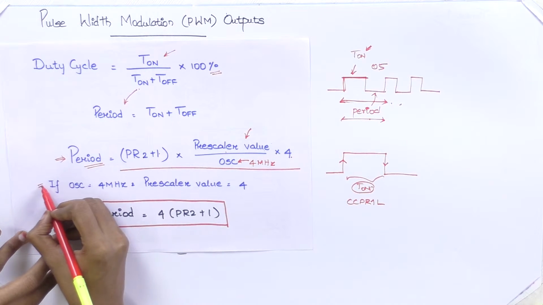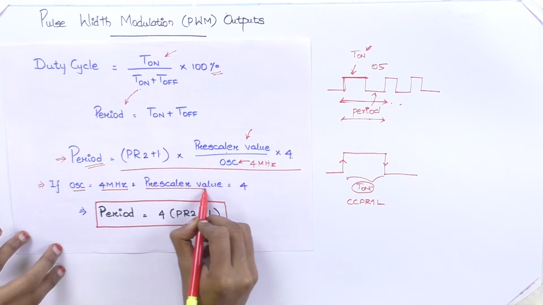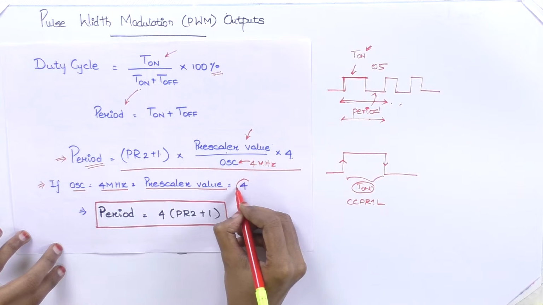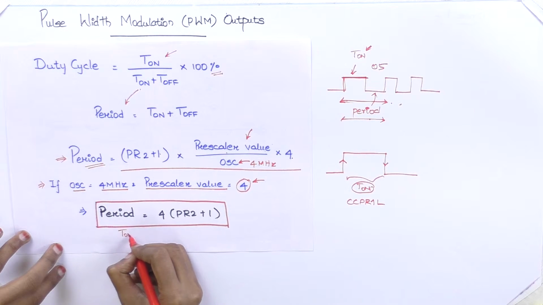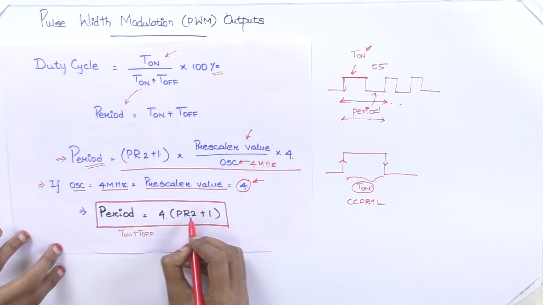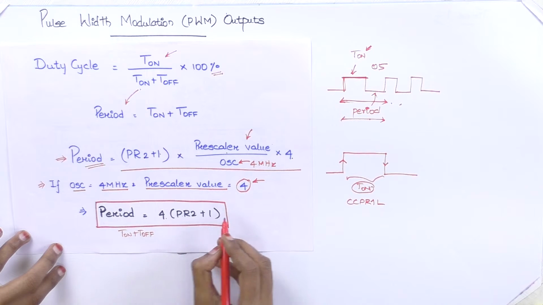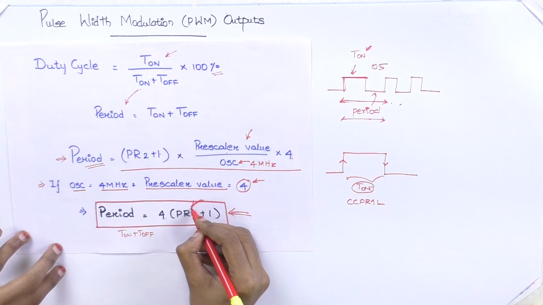For example, if the oscillator frequency is 4 megahertz and the prescaler value that has been fixed is 4, then the period, which is nothing but on time plus off time, is given by 4 into (PR2 plus 1). Using this value we can define it and store it in the PR2 register.